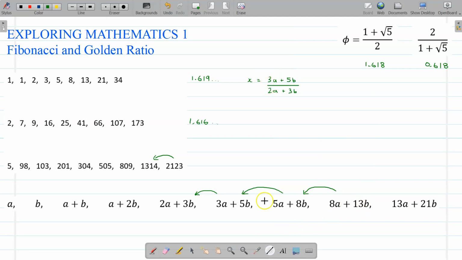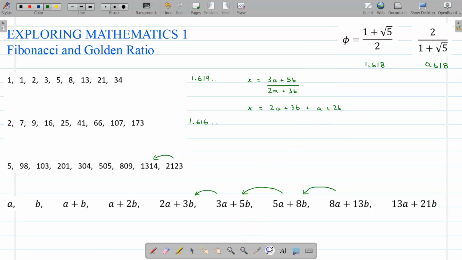Now what I'm going to do is split this up, and watch what I'm going to do. I'm going to split this into 2 fractions, and I'm going to call it 2a plus 3b. So I split this up into 2a plus 3b, but then I've also got another a and another 2b.